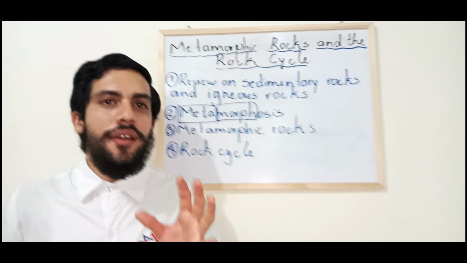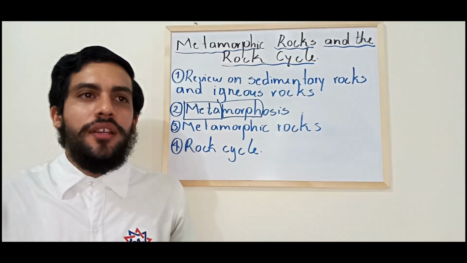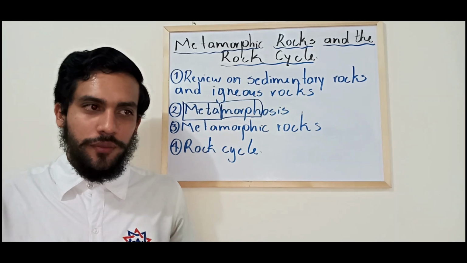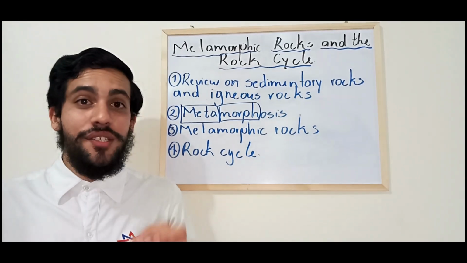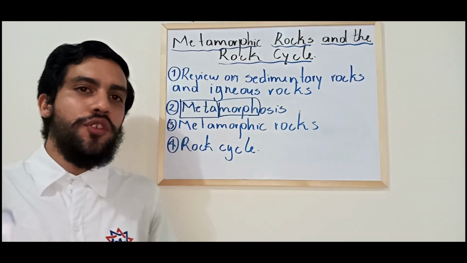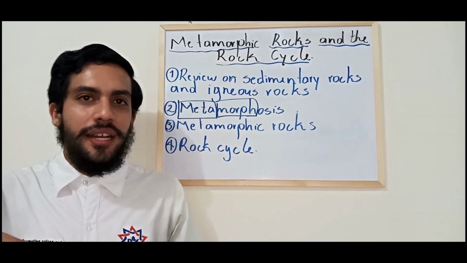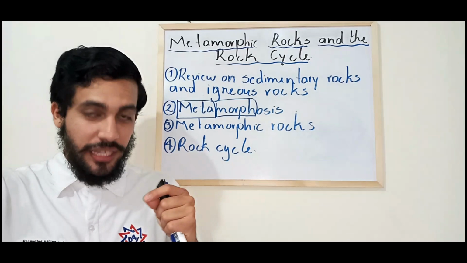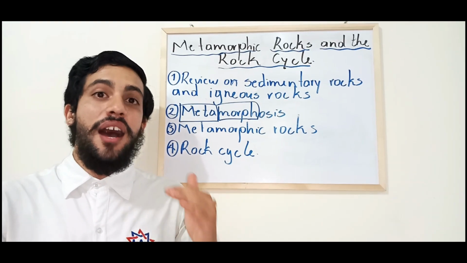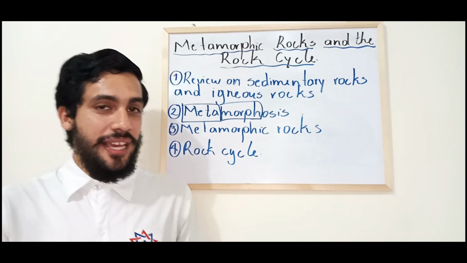A metamorphic rock is a rock that goes through a change. This rock is changed by the heat and the pressure. You need to remember that in the earth crust, rocks are under a lot of pressure and heat.